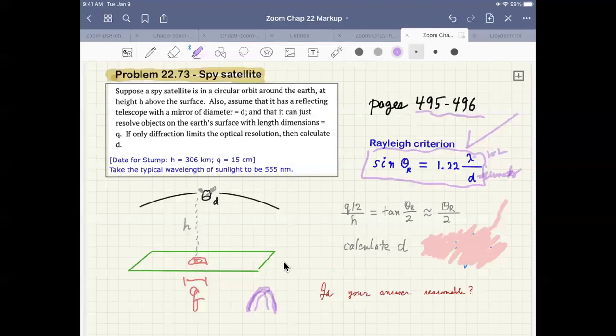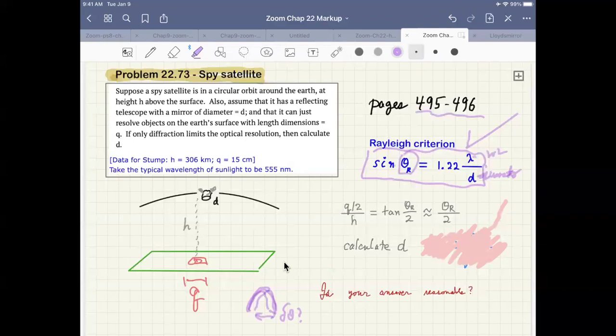The larger the diameter, the smaller the angle you can resolve. But for a given diameter and a given wavelength, there's a limit to how small an angle you can differentiate. You know, can you tell these two angles apart? And Lord Rayleigh worked out that you can't really separate them if their angle is less than theta r, given by this criterion.